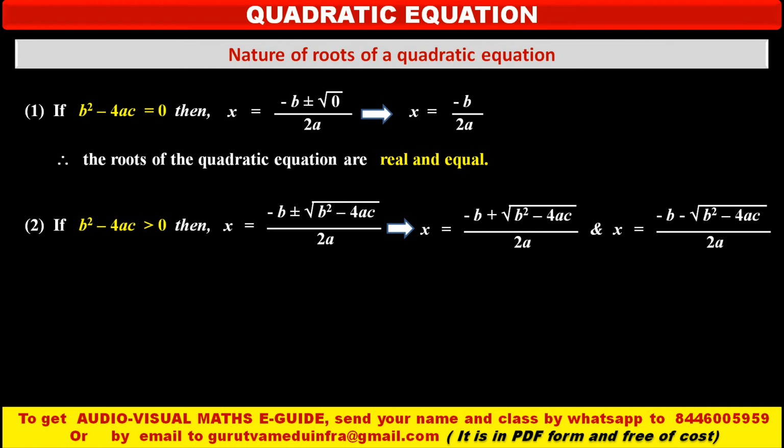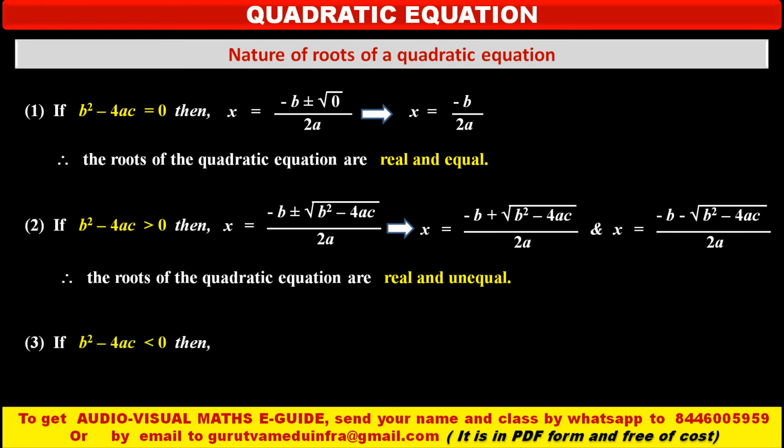So the roots of the quadratic equation are real and unequal. See again, if b square minus 4ac is greater than 0, that means if the discriminant is positive, then the roots of the quadratic equation are real and unequal.